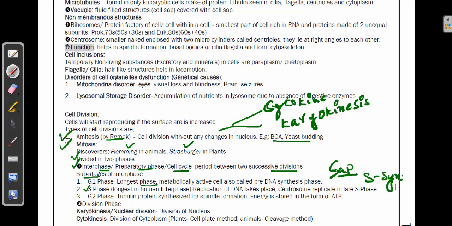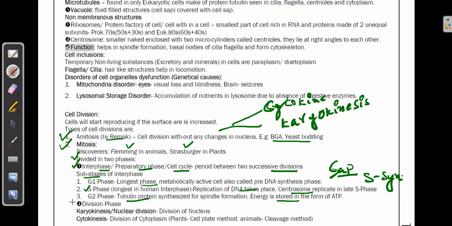So in the S phase, duplication of DNA takes place, and the centrosome is replicated. Finally, we have the G2 phase that helps in producing tubulin, and the spindle formation will also be on the way. When the cell is undergoing cytokinetic division, energy will be stored in the G2 phase for ATP production as well. The cell functions may be temporarily ceased because the nucleus is under division.